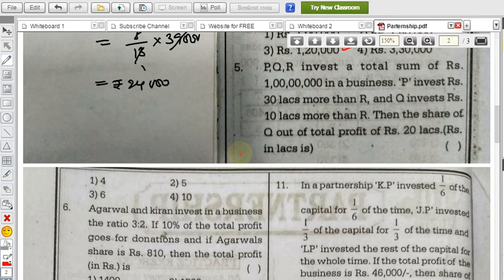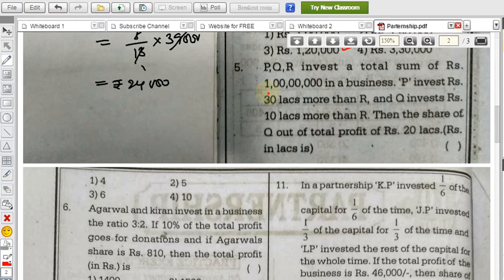P, Q, R invest a total sum of rupees 1 crore in a business. P invests 30 lakhs more than R. Q invests 10 lakhs more than R. And the share of Q out of the total profit of 20 lakhs, what was the share of Q?